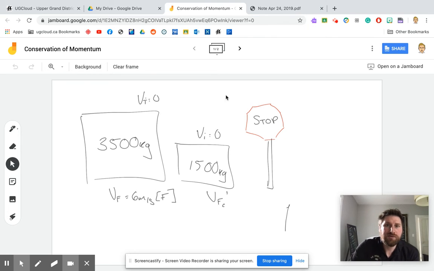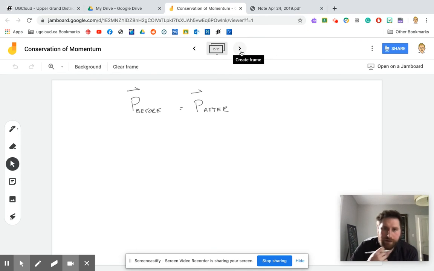Okay, so in this case, the total momentum of the collision is both the truck and the car at the same time.